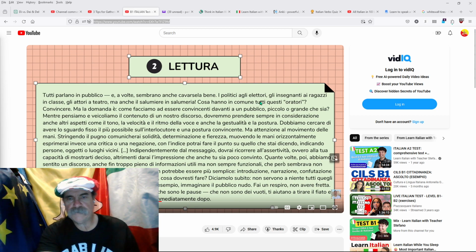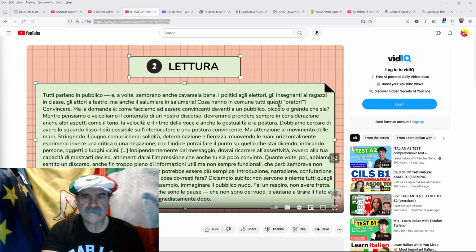Politicians speak to voters, teachers to people in class, the students, and actors in theaters, but also the salumiere in salumeria.